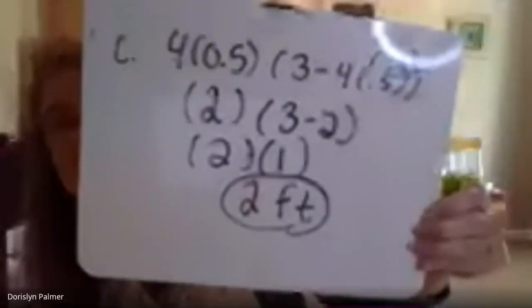All right. We're going to go to the next one, number 14. There is a 4th of July celebration. A rocket is launched straight up with an initial velocity of 128 feet per second. They model this as 128t minus 16t squared. We have to factor out the greatest common factor.